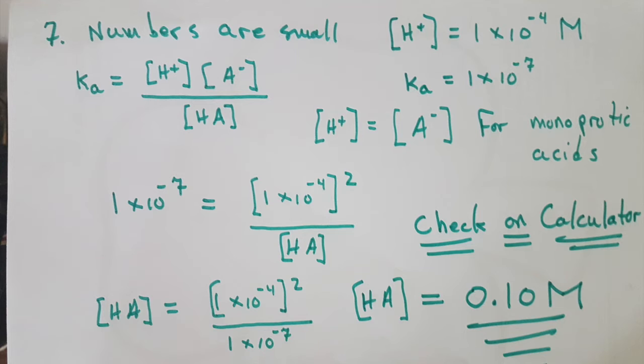You'll find that the HA equals 0.10 molar. Make sure you can get that. Make sure that you understand how to calculate HA and you understand the mathematics involved. Okay, let's do number 8.